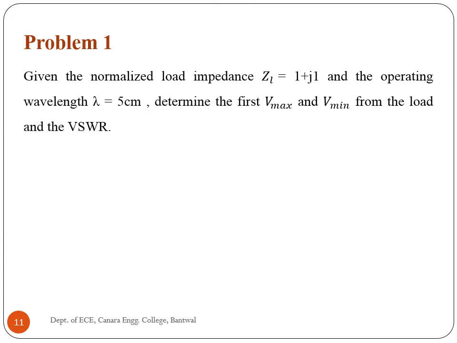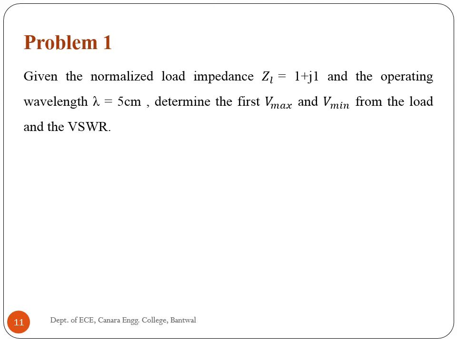First problem: given the normalized load impedance ZL is equal to 1 plus j1 and the operating wavelength lambda is equal to 5 cm, determine the first Vmax and Vminimum from the load and the VSWR.